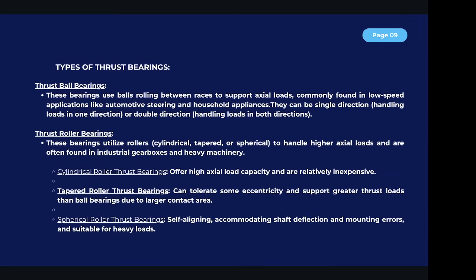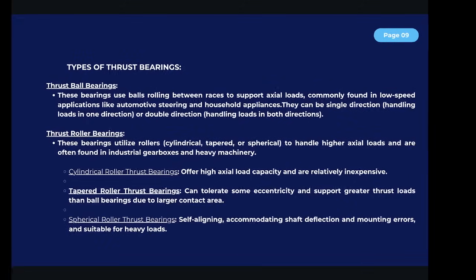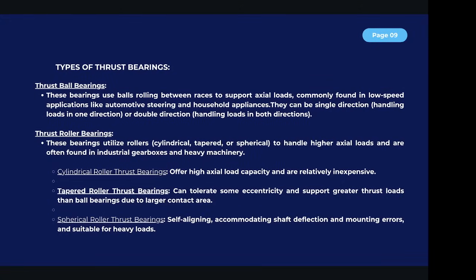So we have here different types of thrust bearing. First is what we call the thrust ball bearing. These bearings have balls rolling between races to support the axial load, commonly found in low-speed applications like automotive steering and household appliances.